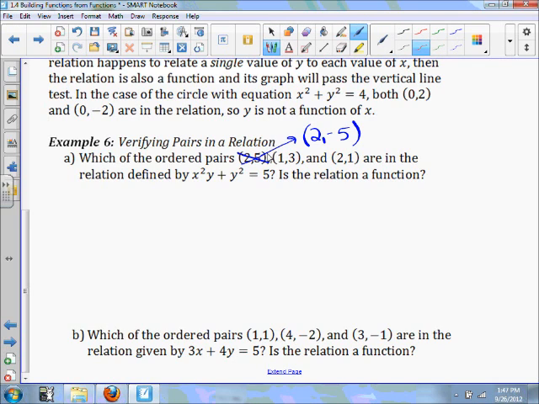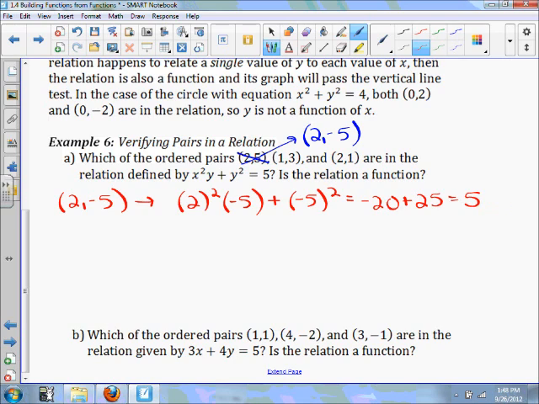Well, first point is (2, -5). Let's check that. So we'll have 2 squared times -5 plus (-5) squared. Well, 2 squared is 4 times -5 is -20 plus 25 equals 5. So (2, -5) is in the relation.